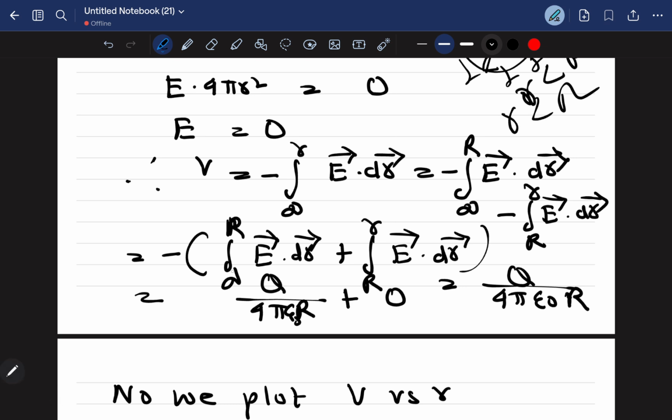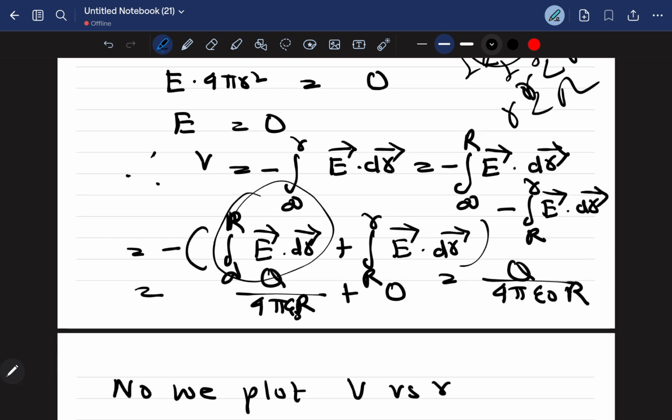We integrate from infinity to the radius of the shell, the surface of the metallic shell, and then again from the surface of the shell to the inside of the shell at a distance r from the center. The first part is just the electric potential at the surface of the shell, which is q by 4 pi epsilon naught R. Here the electric field inside the shell is 0, so the integration of 0 dot dr equals 0.